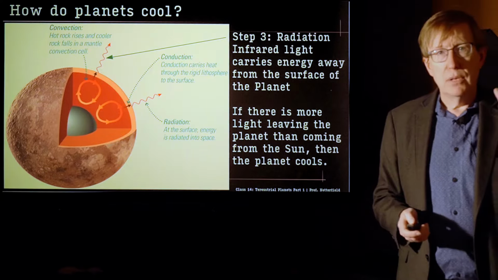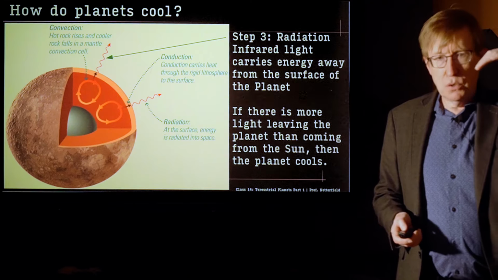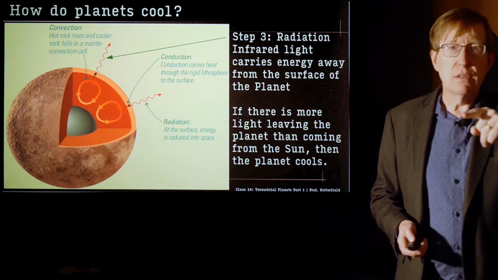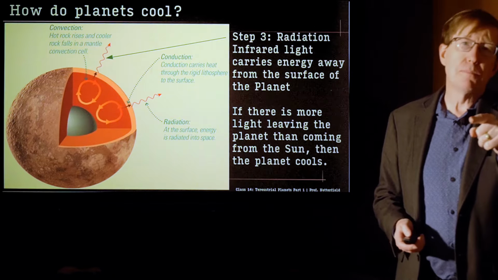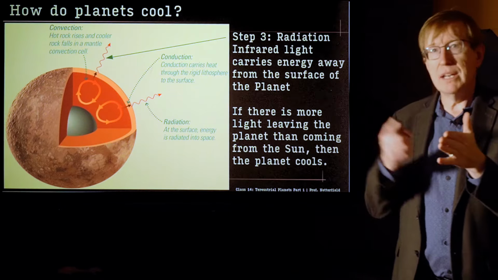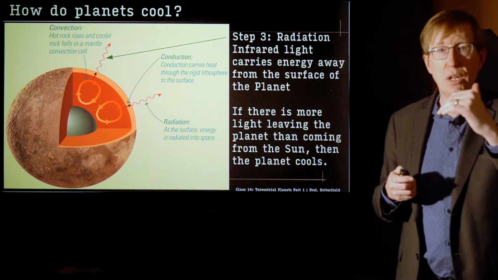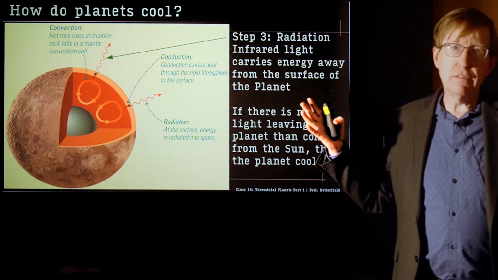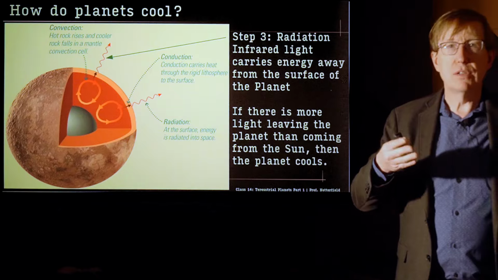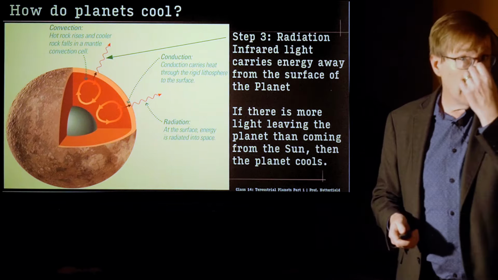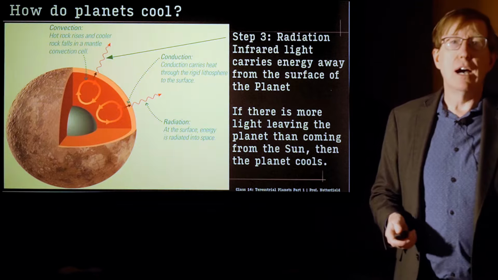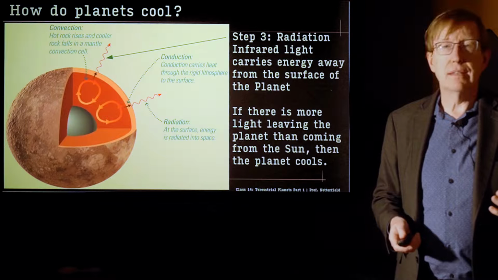If there's more light from the sun hitting the Earth than there is heat from the core trying to leave, then the Earth will warm up. If, on the other hand, there's more light trying to leave than there is sunlight coming to the Earth, it's going to cool down. So we're going to be looking at that kind of thing in a couple of lectures when we start talking about greenhouse gases and such.